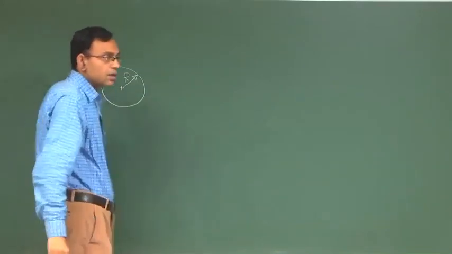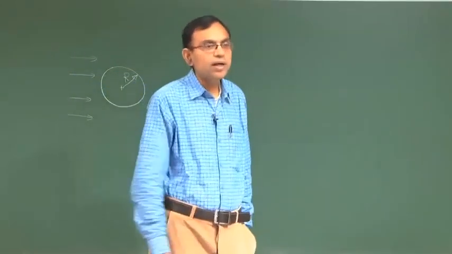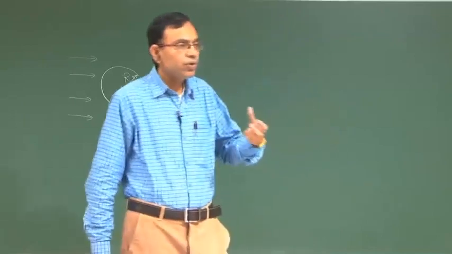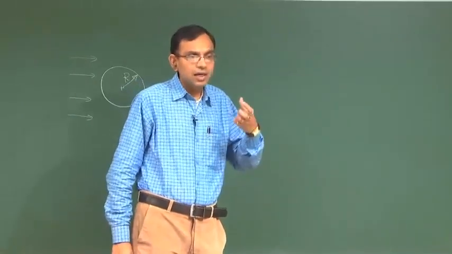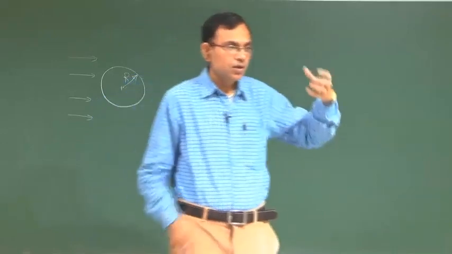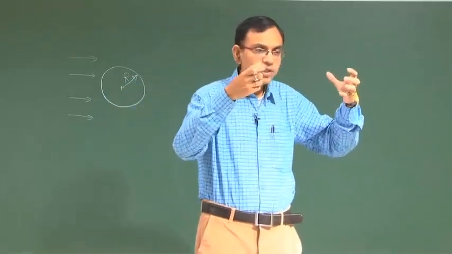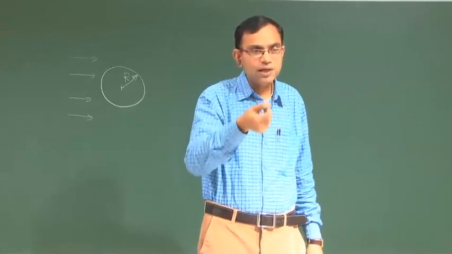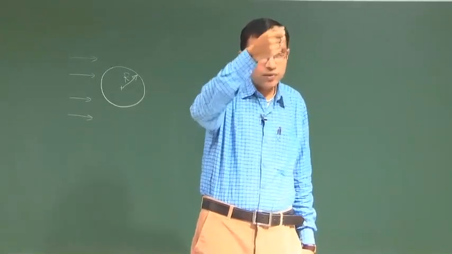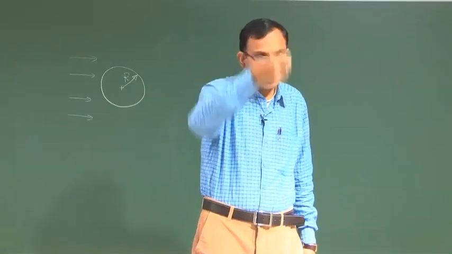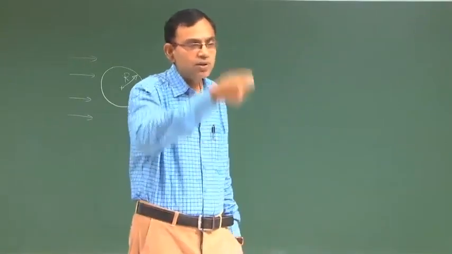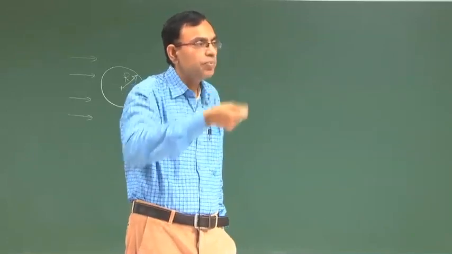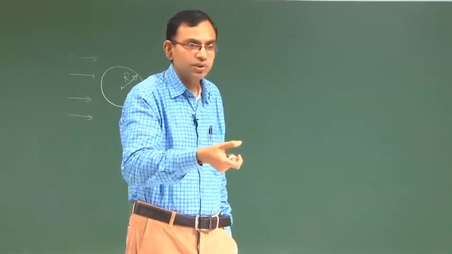This is very classical to one experiment which is called the Stokes experiment. If you recall your high school physics, there is an experiment of a falling sphere. A sphere is falling in a viscous oil, and the weight of the sphere is acting downwards, the buoyancy force is acting upwards, and viscous drag force is also acting upwards against the direction of motion.